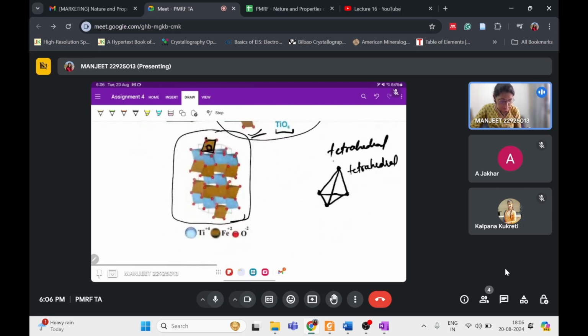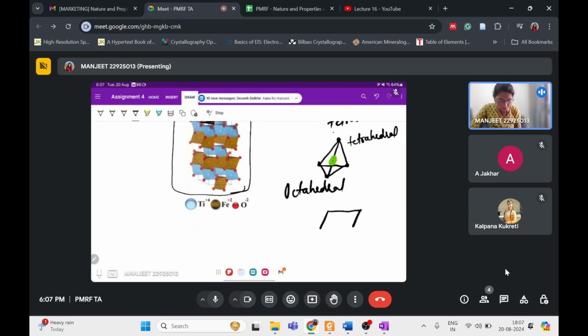If I talk about the octahedral one, the atom sits somewhere in between the octahedral position.